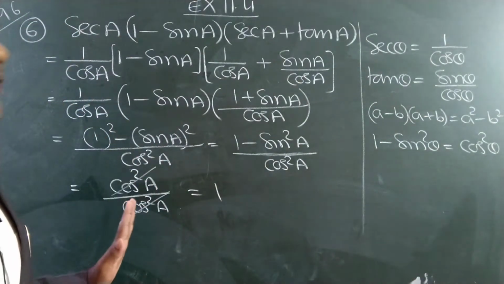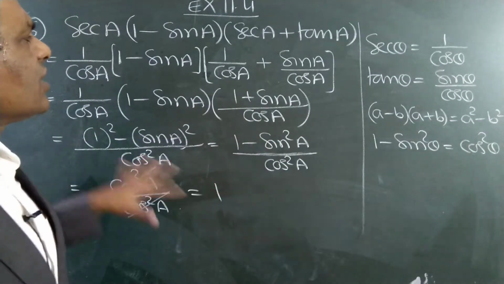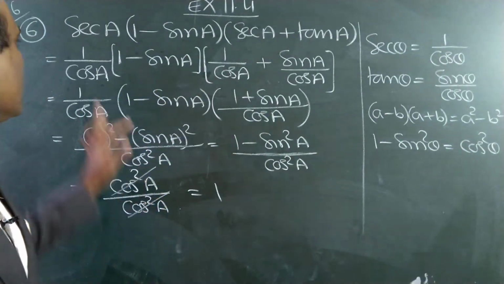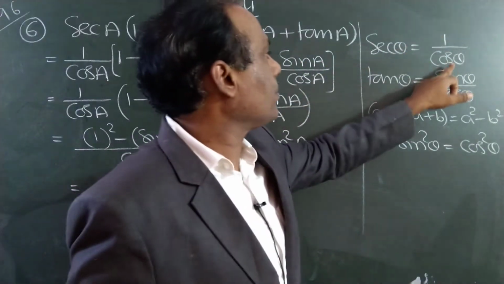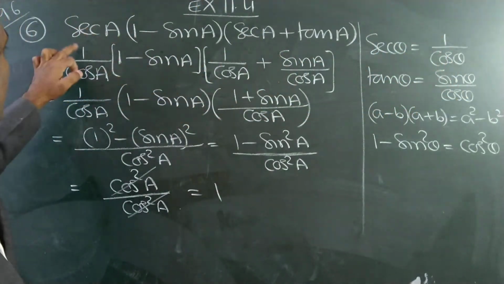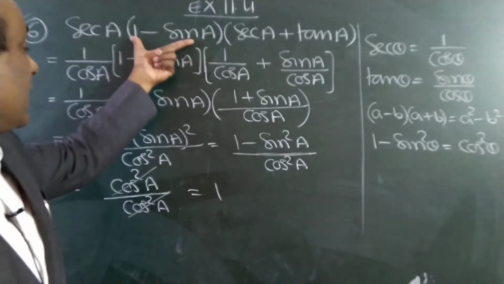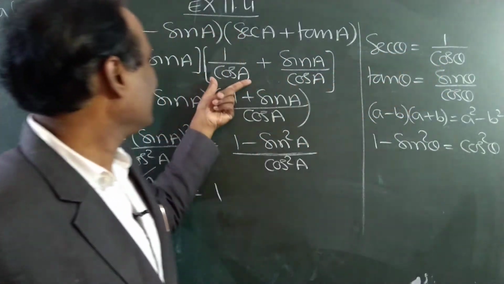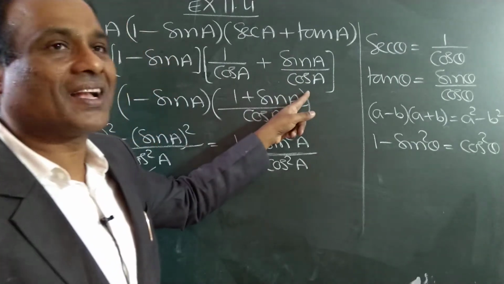Simple procedure I applied. I changed the total problem into sine and cos. For that I have the formulas. Secant is equal to 1 by cos. 1 minus sine is same. Tan is equal to sine by cos.